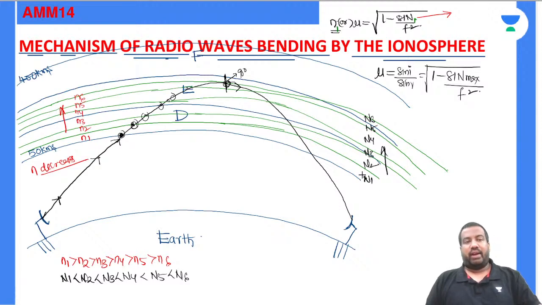Because whenever the wave is bending back by the ionosphere, at that point, by default, the value of N is maximum. It can be any point, but at the point of reflection, always the N value is maximum. We can say in this way, I'm right.